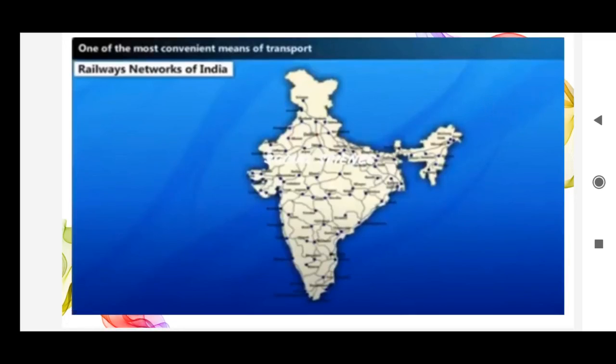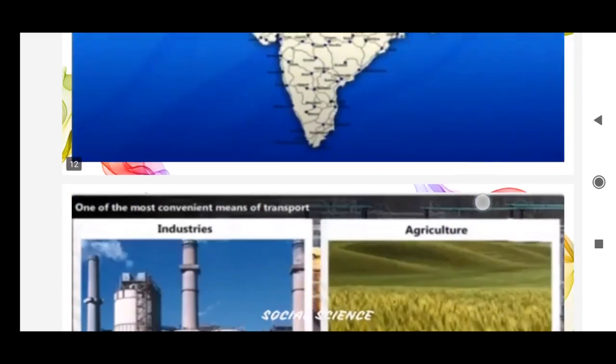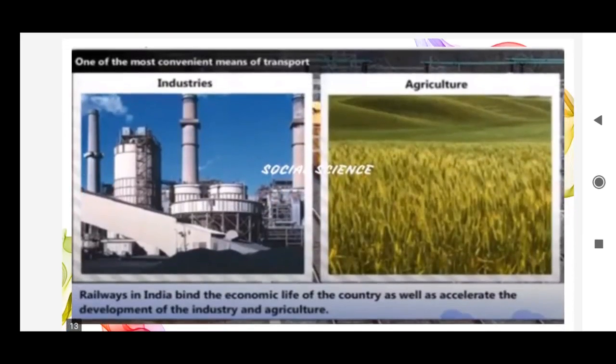Apart from this, Indian railways have been a great integrating force for more than 150 years. It means Indian railways was established before we got independence. Railways in India bind the economic life of the country and accelerate the development of industry and agriculture.